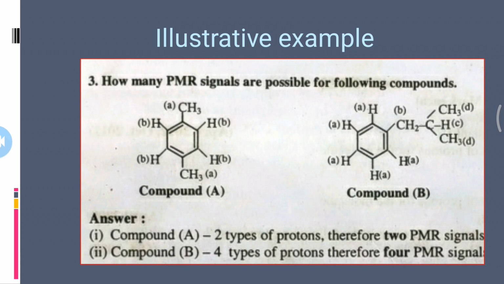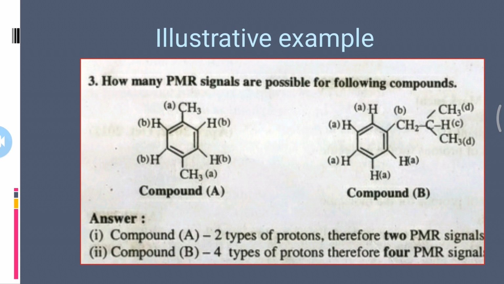Illustrative example third. How many PMR signals are possible for the following compounds? First A and B. Compound A is 1,4-dimethylbenzene, or p-xylene. In compound A, there are two types of protons, therefore two PMR signals are possible in low resolution.